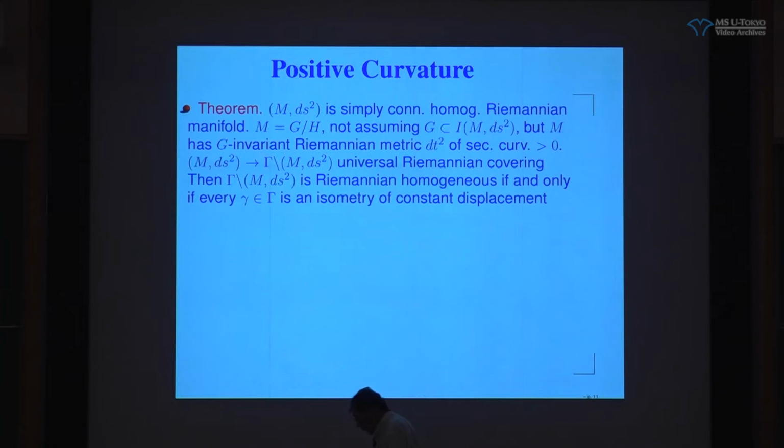Now for Riemannian manifolds which are strictly positive curvature and so-called normal homogeneous metric, those are classified, it turns out. And for those, the full isometry group was figured out by Ravi Shankar.